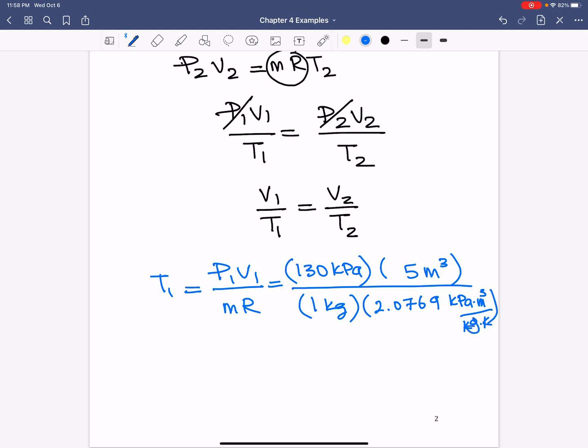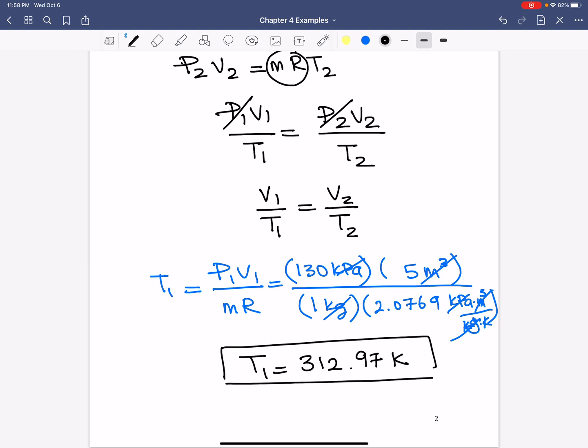Okay, so let's look at whether the units are matching well. Okay, we end up calculating the temperature in kelvins, and T1 is equal to 312.97 Kelvin.